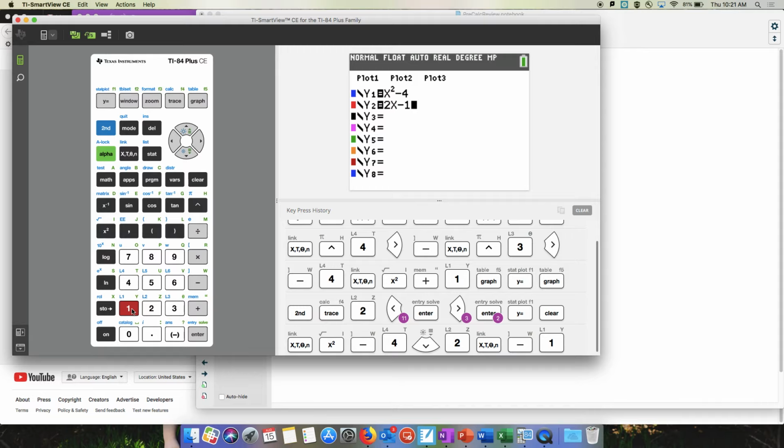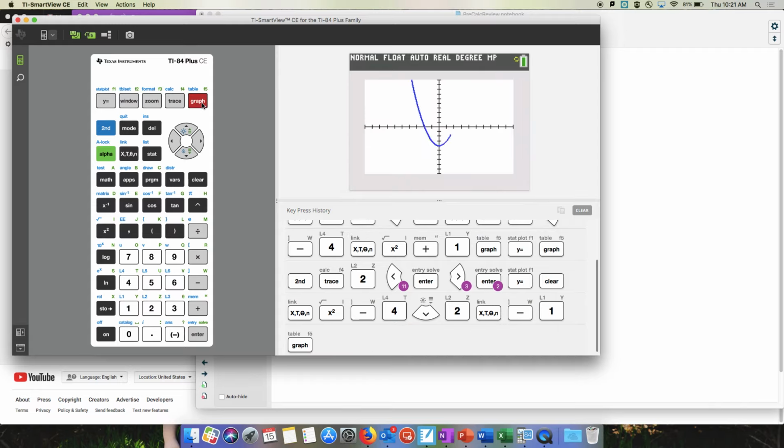This is something that's going to be very helpful once we get into our calculator work with calculus. It's going to save us a lot of time. So this is what our graph looks like. We could find this without a calculator, I know. But we also could find it with a calculator.